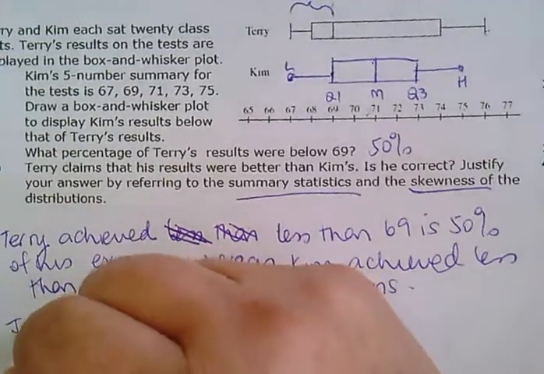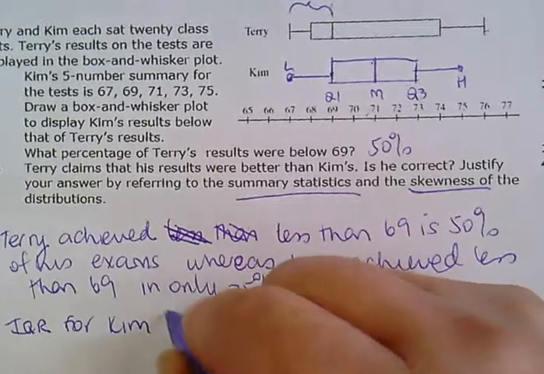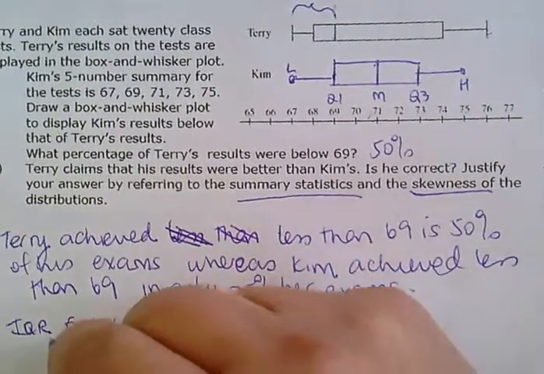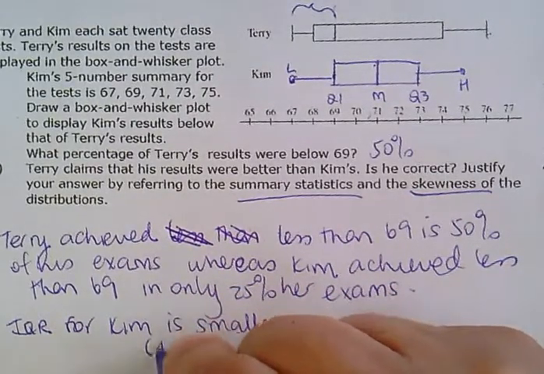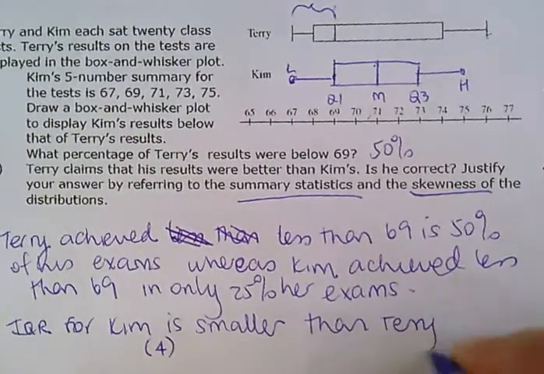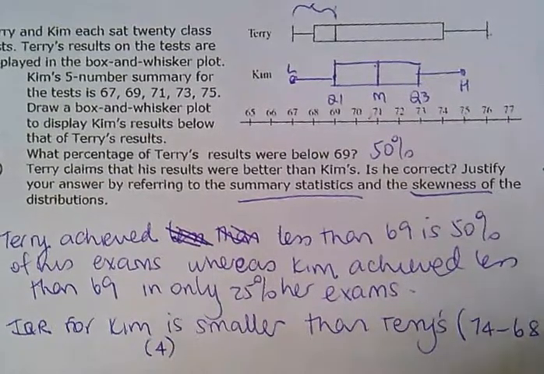We can say that the interquartile range for Kim is smaller. So what's her interquartile range? It's 73 minus 69, which is 4, smaller than Terry's, which is 74 minus 68, which is 6.